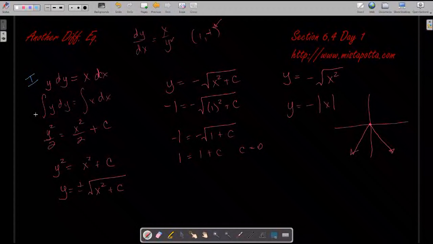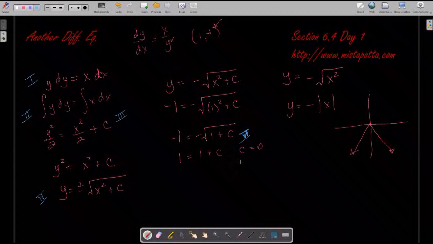A first point for separating the variables, a second point for finding the antiderivative, a third point for making sure you deal with that constant of integration, a fourth point for solving explicitly for y, and a fifth point for solving for your constant of integration.